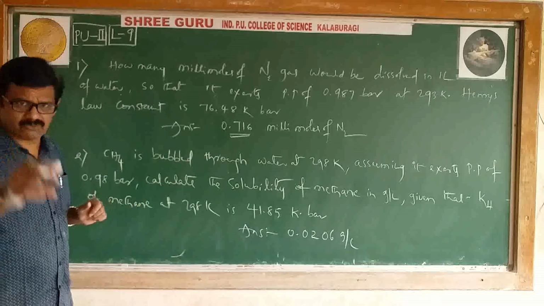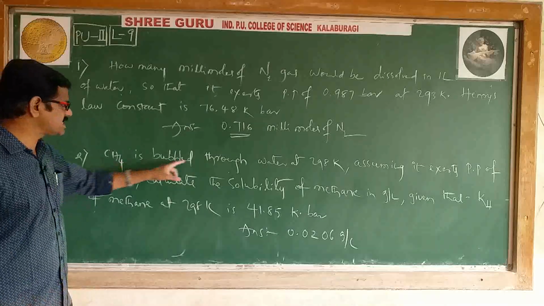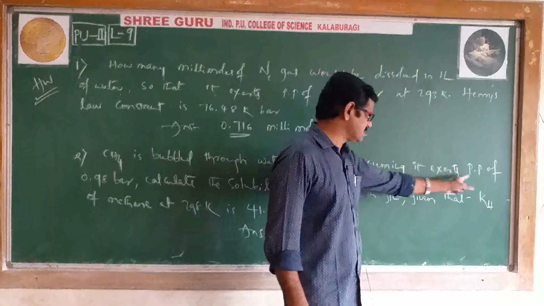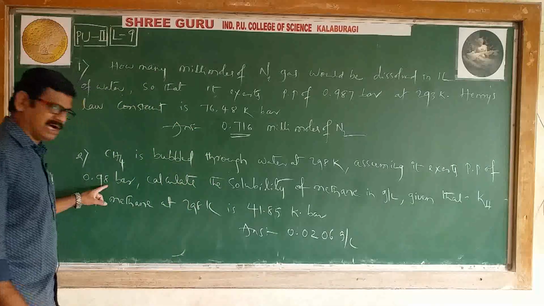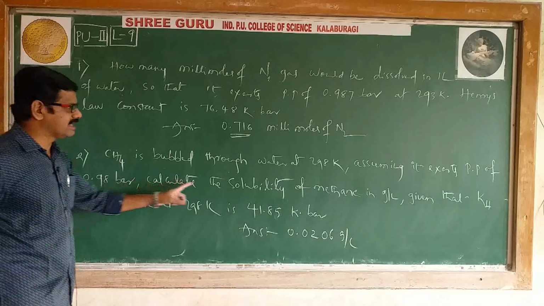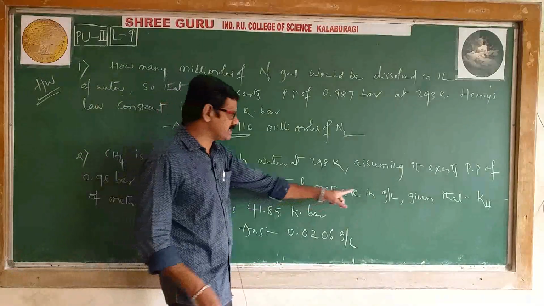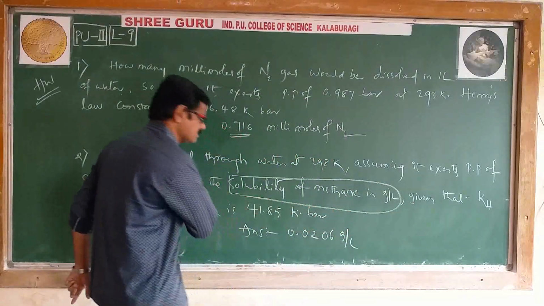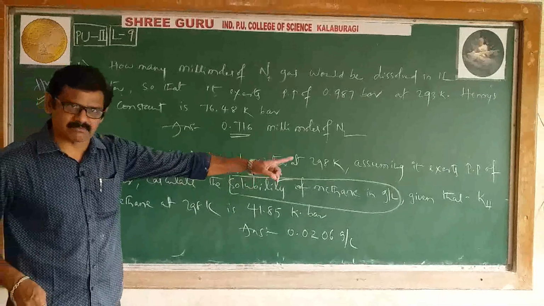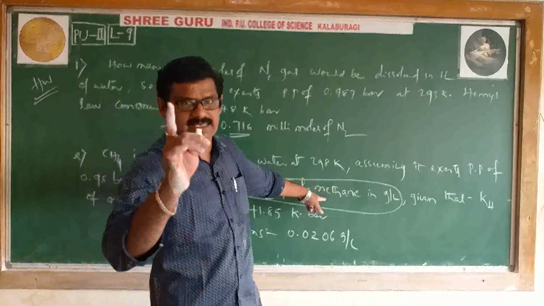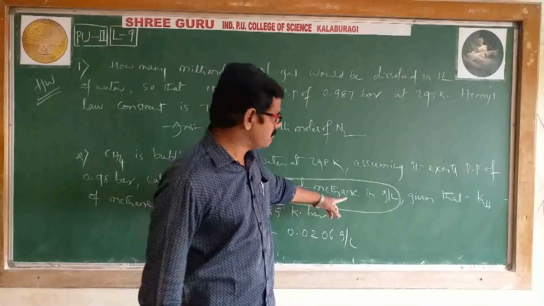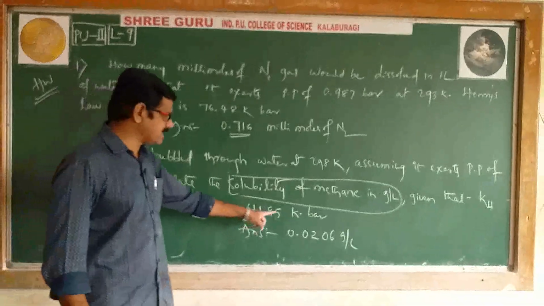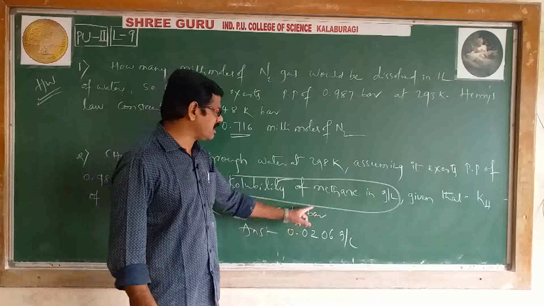Come here, one more question as homework. Methane is bubbled through water at 298 kelvins, assuming it exerts a partial pressure of 0.98 bar. Calculate the solubility of methane in gram per liter. Solubility of methane in gram per liter, nothing but again mass he is asking, remember mass. Given that the KH value of methane is 41.85 kilobar.